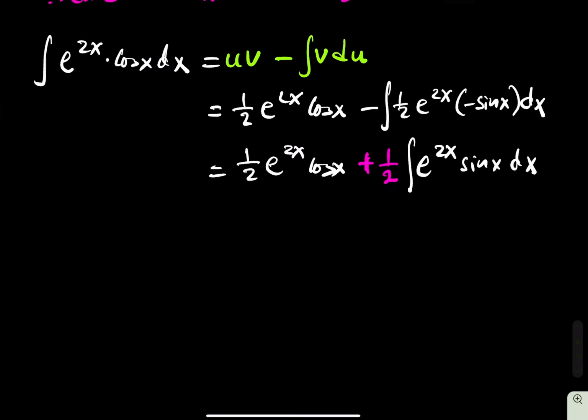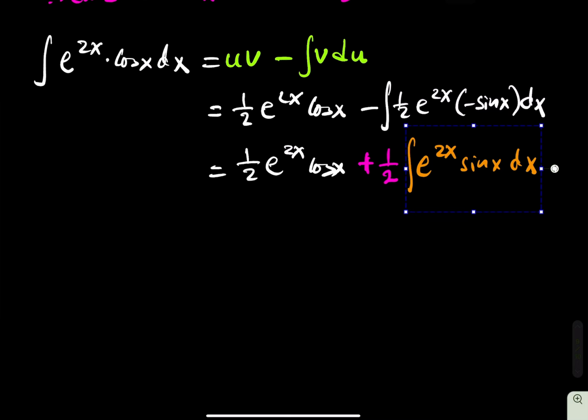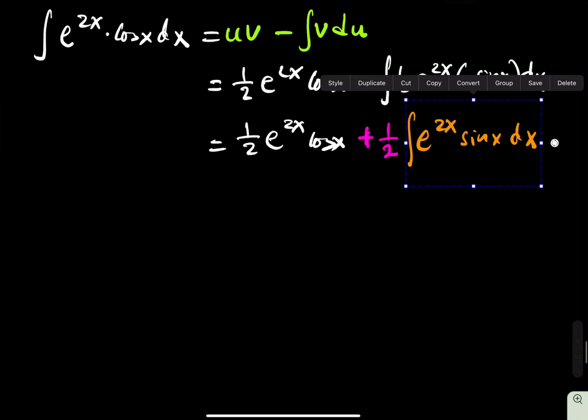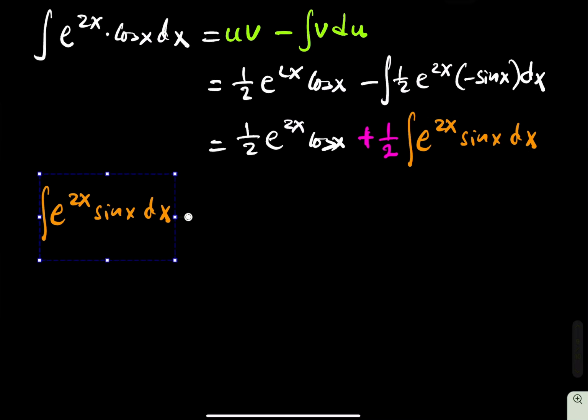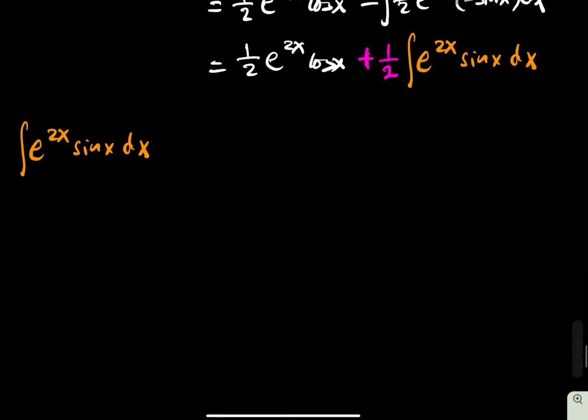So you will see that this integral is really by parts again. We call this type of integration repeated integration by parts. So you want to integrate this one and find what it is equal to.